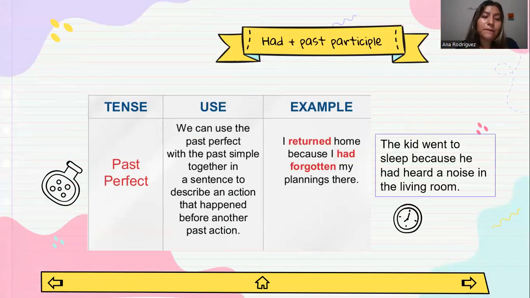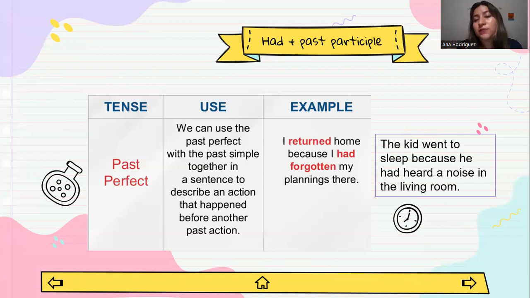Also, we have past perfect, okay? And this is another narrative tense that we use. We can use the past perfect with the past simple together in a sentence to describe an action that happened before another action in the past, right? For example, I returned home because I had forgotten my planner there, okay?